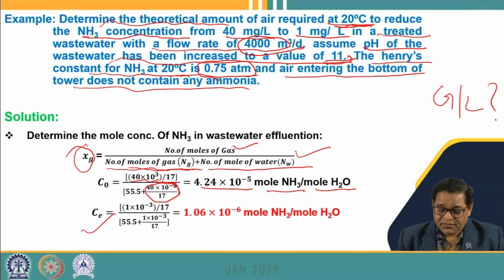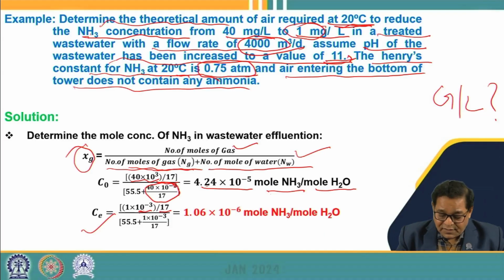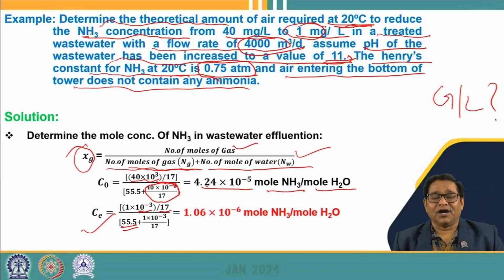Similarly, C is the molar fraction of ammonia present in the effluent, which is 1 milligram per liter. So 1 milligram, converted into gram, divided by 17, the molar weight of ammonia, gives the number of moles. And 55.5 is the number of moles of water present in 1 liter.